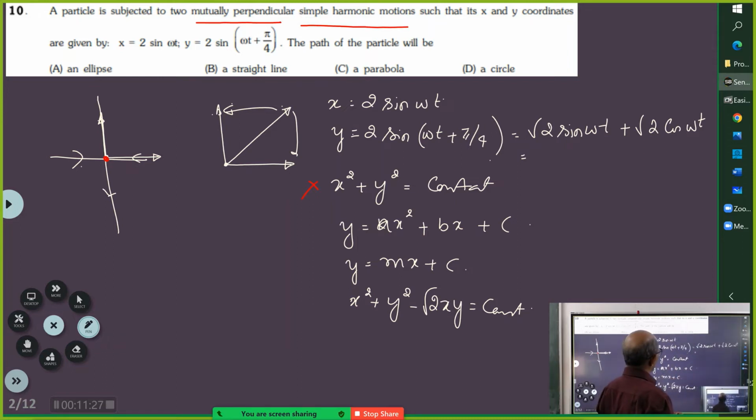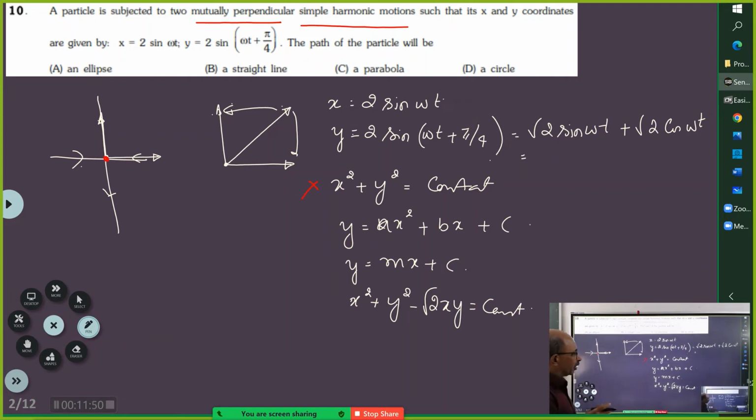Y equal to 2 sin omega t plus root 2 cos omega t. From that we can write y equal to x by root 2. Then that cos omega t we can write as 2 into root over 1 minus sin square omega t. We can take 2 inside common, sir. Then we can write root over 4 y root 2 equal to x plus root.